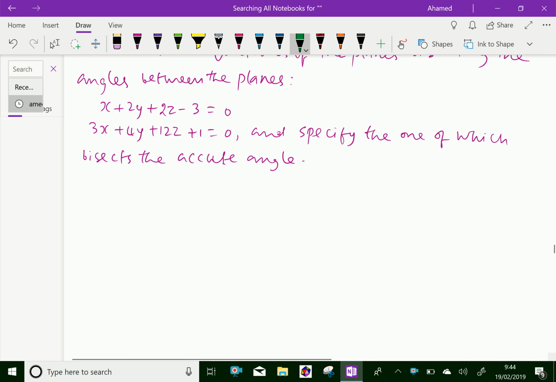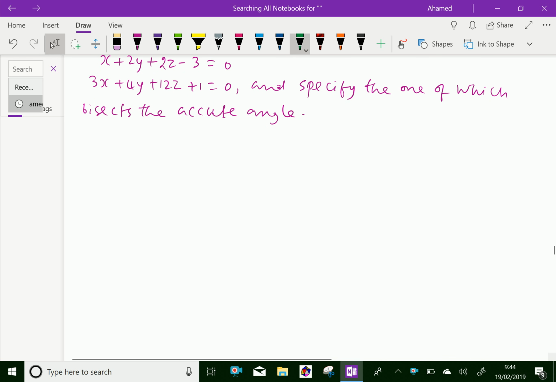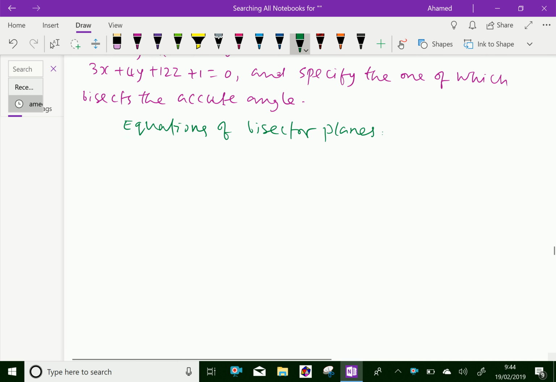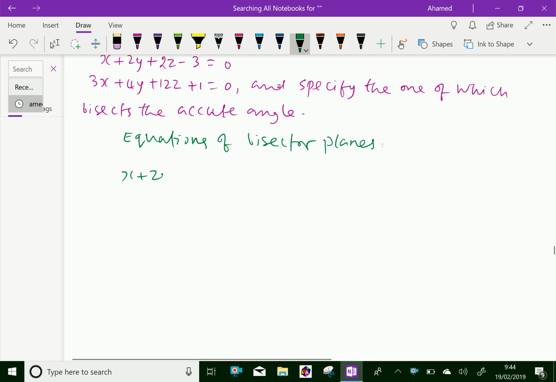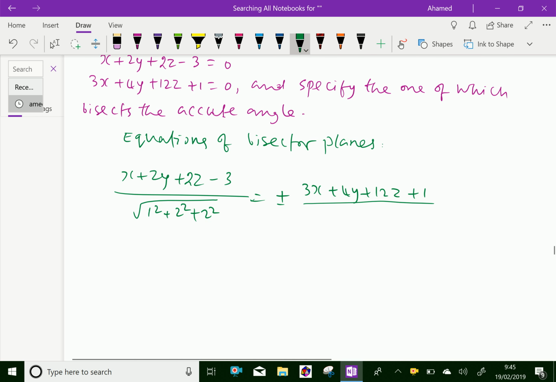Let us find the equations of the bisector planes. (x plus 2y plus 2z minus 3) over the square root of 1 square plus 2 square plus 2 square equals plus or minus (3x plus 4y plus 12z plus 1) over the square root of 3 square plus 4 square plus 12 square.